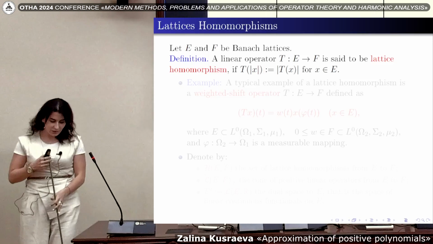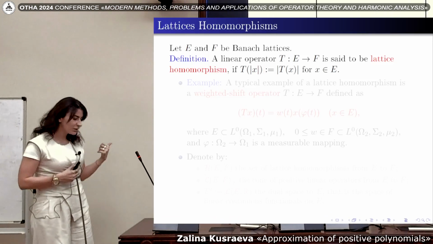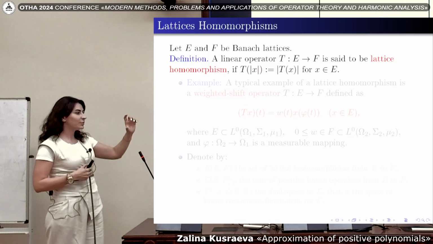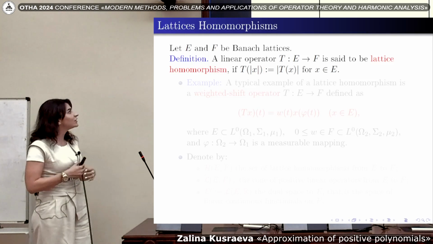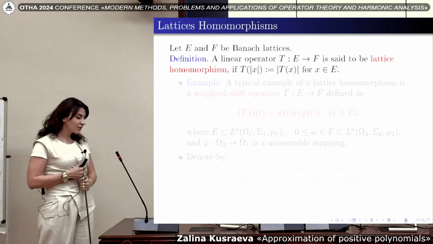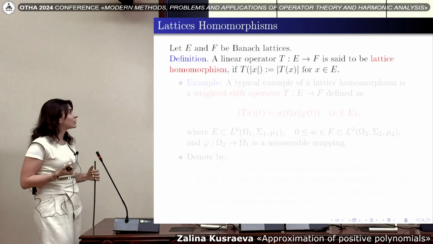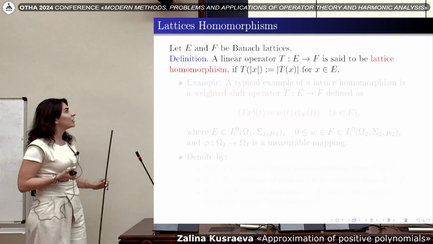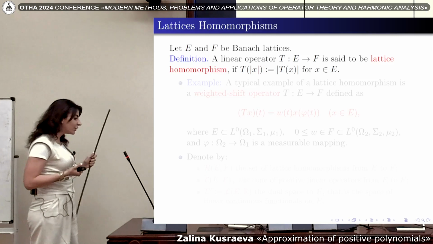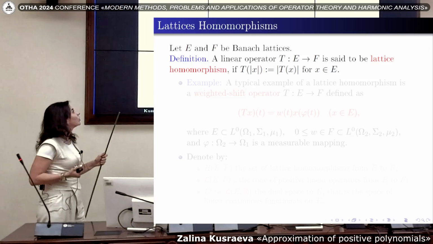At the beginning of my talk, I introduced a part of the Wickstedt theorem where homomorphisms were used. So the precise definition of lattice homomorphism is the following: a linear operator which preserves all lattice operations is called a lattice homomorphism.